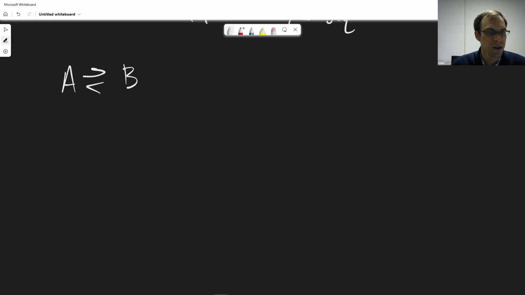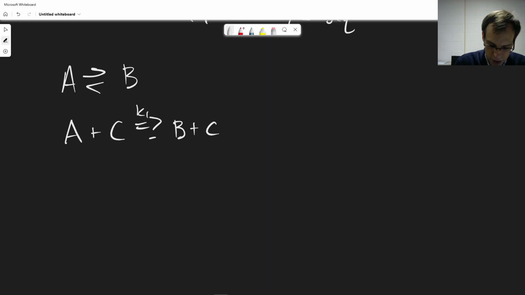And we can consider a reaction mechanism that has two possibilities. We can have either A reacts with a catalyst, C, so it's not actually part of the equation, and goes to B plus C, so the catalyst is unchanged, and that can go in the forward and reverse directions. So that's step one of our mechanism.